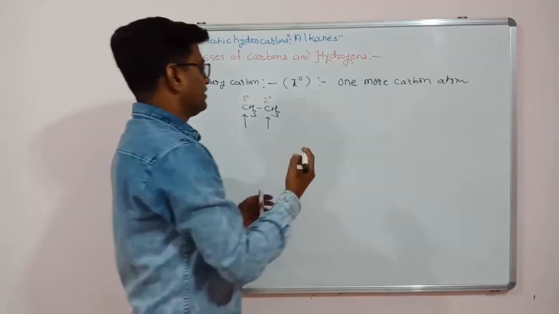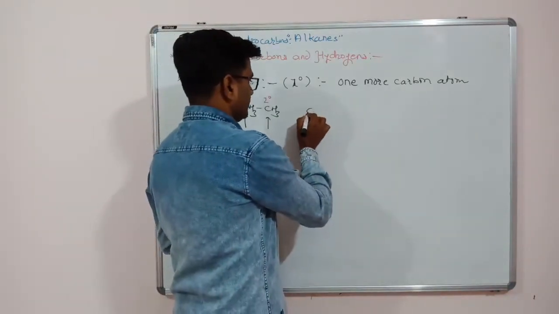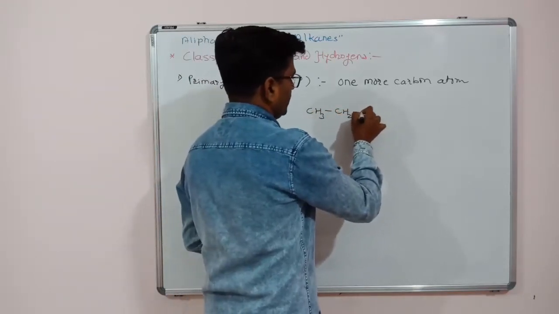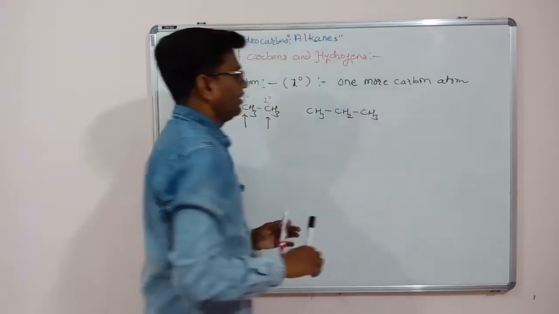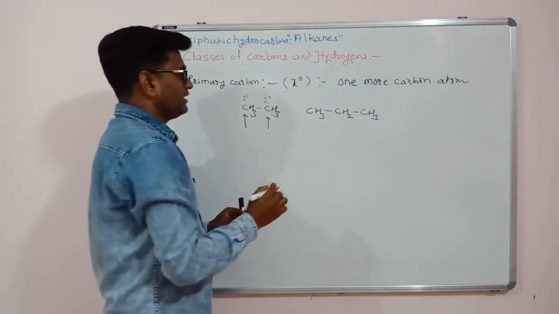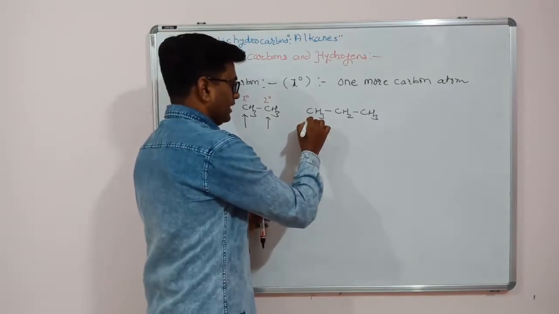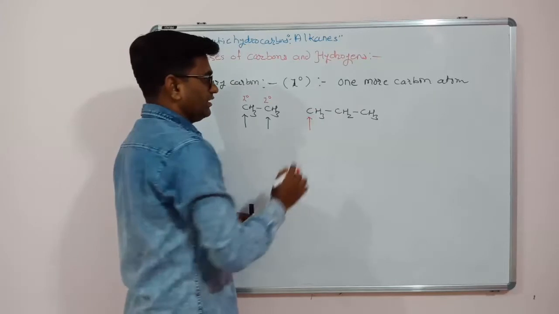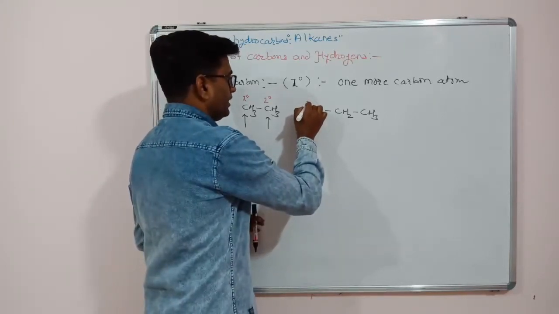Next we will see another example. Suppose CH3, CH2, CH3. So this is propane. In this case, this carbon atom is attached to one more carbon atom, so this is called a primary carbon.